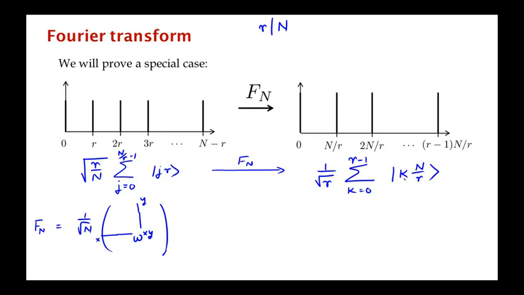We are trying to figure out, if the amplitude of this entry was beta, what's beta? Well, the amplitude here will get some contribution from every non-zero term here. What contribution does it get?